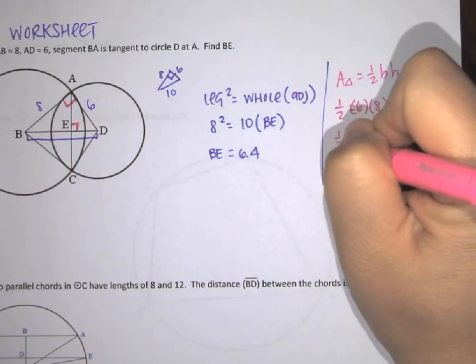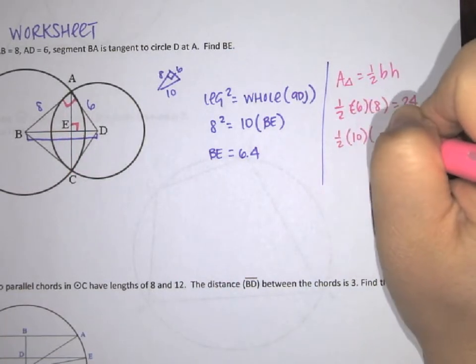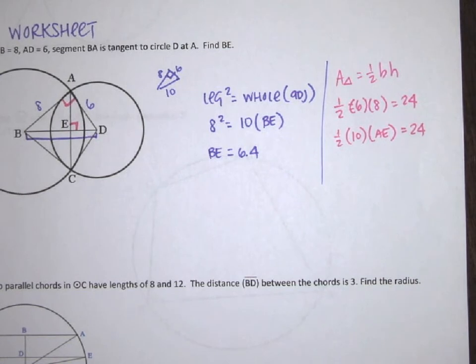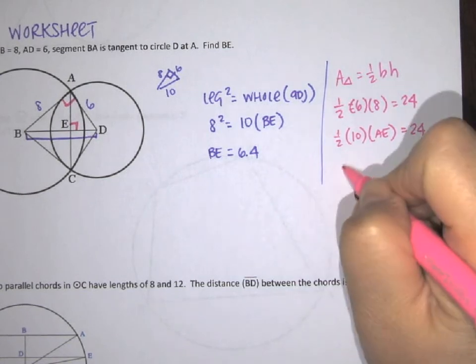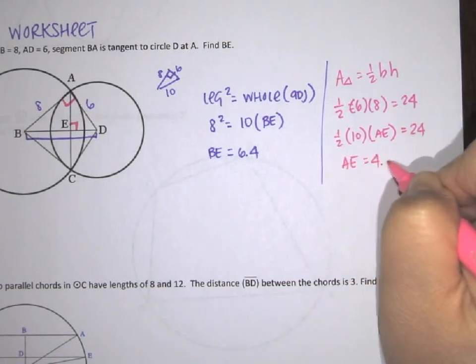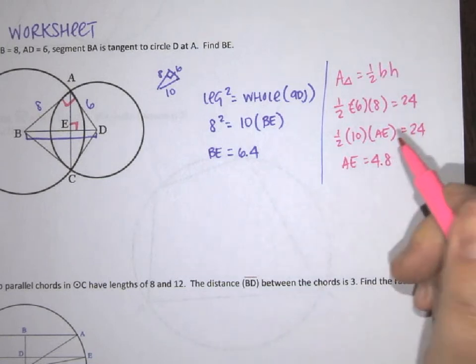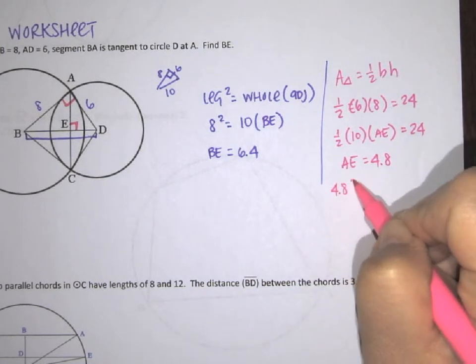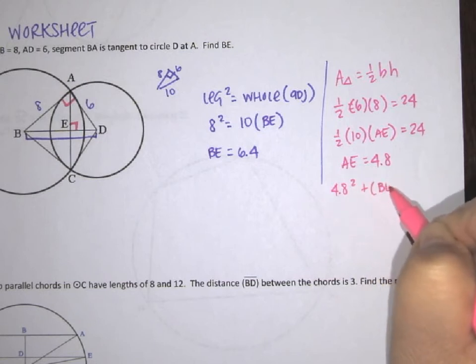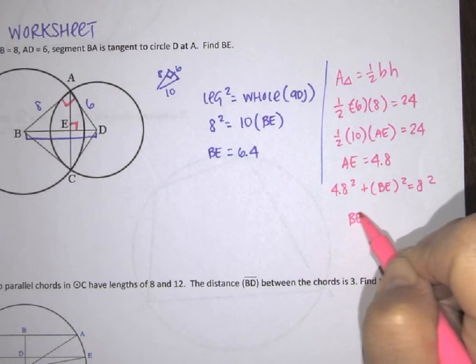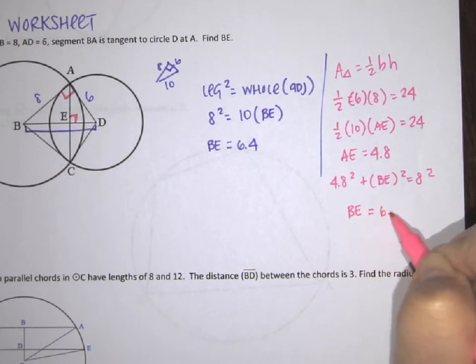So we could do 1/2 base times height, which is AE, equals 24. So that will give us AE to be 4.8. Now we can do a squared plus b squared equals c squared, Pythagorean theorem. BE squared equals 8 squared minus AE squared, so BE equals 6.4.